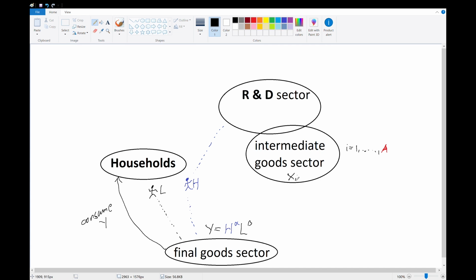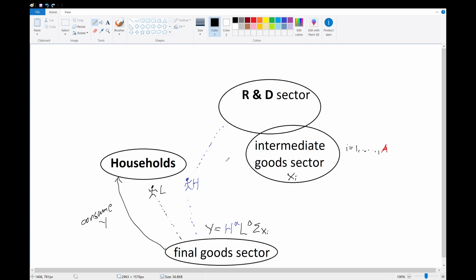Okay, so you can think of them as being different firms. It can also be that one firm has two varieties, but let's think of different firms. Each of them provides a variety i, okay, that goes into the final production, and you sum up over all different varieties of these different capital goods. So you can think of now you have different machines that you can use in production, that are not all the same.